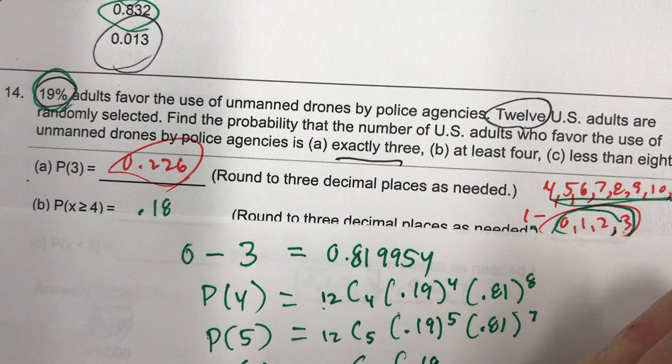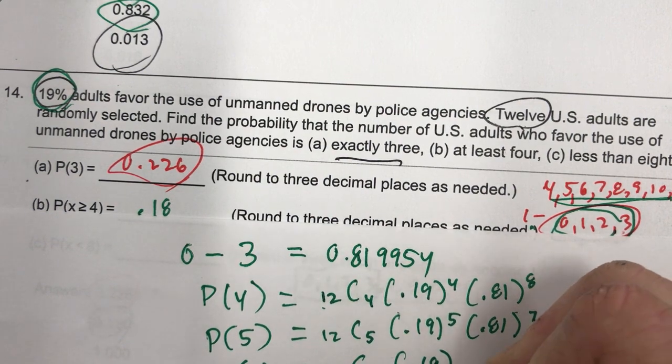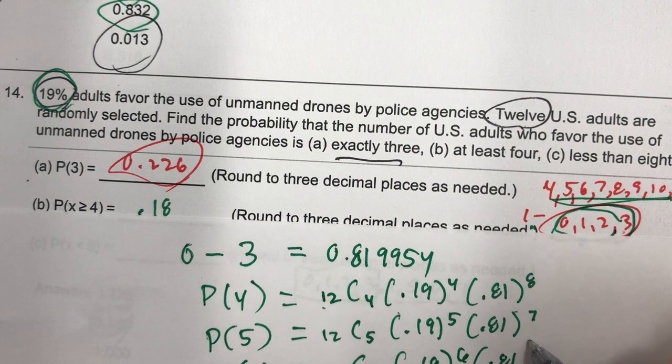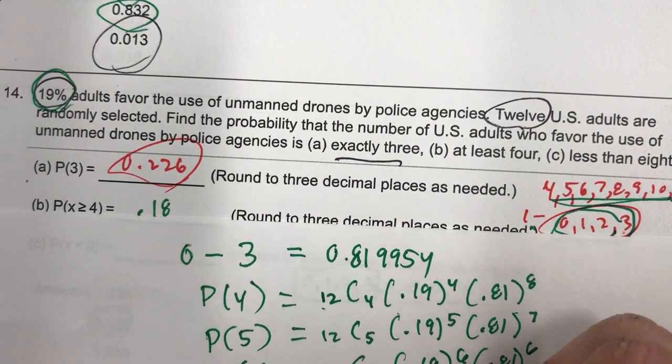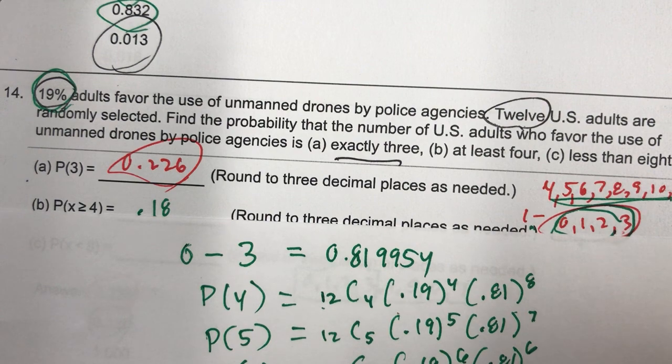I'm sorry, this is 6: 12C6, 0.19 to the 6, 0.81, 12 minus 6 is 6. And this is 12C7, 0.19 to the 7, and then 0.81 to the 12 minus 7, which is 5.